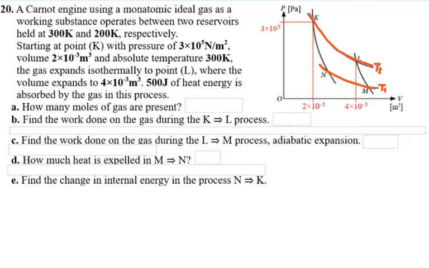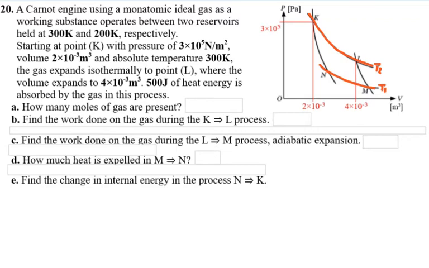Starting at point K with a pressure of 3×10^5 newtons per meter squared, or Pascal, the volume is 2×10^-3 cubic meters, and the absolute temperature is 300 Kelvin.